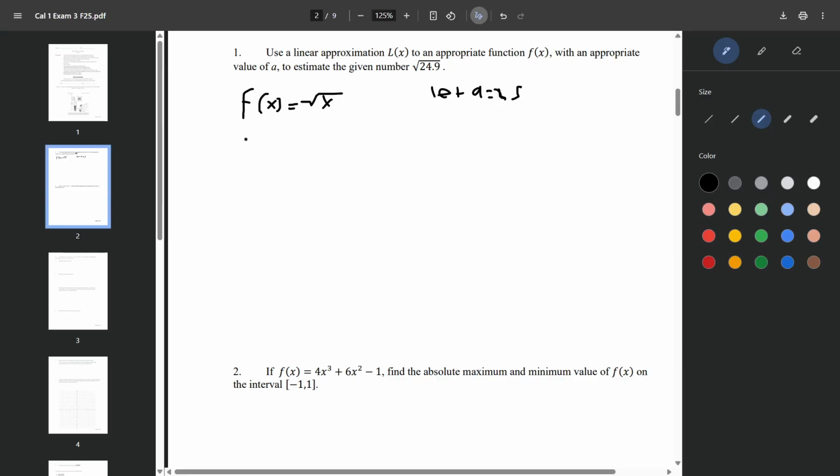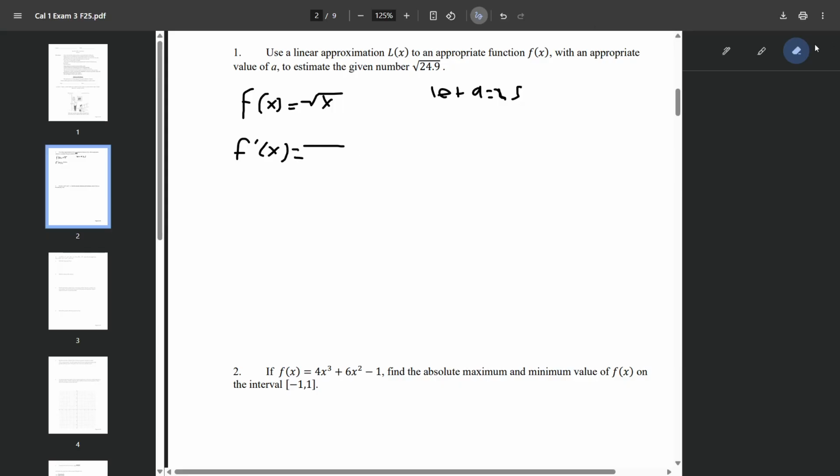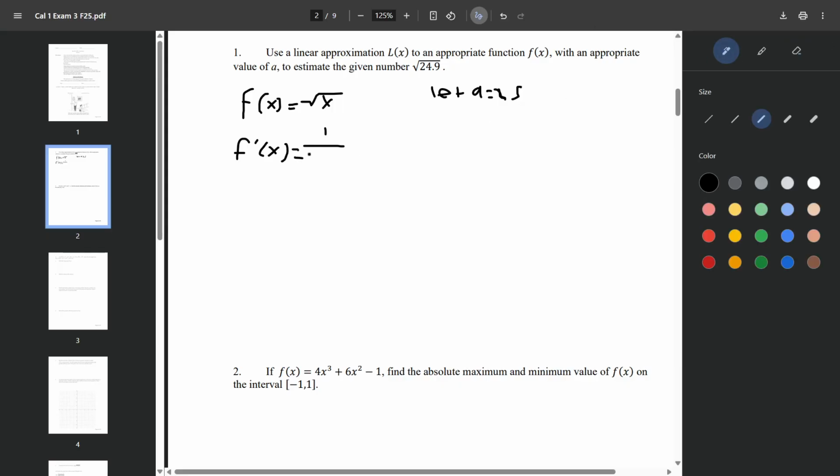And what we also need is f prime of x. So f prime of x in this case is the derivative of root x, which is going to be 1 over 2 root x. And now what we need to do is solve for f of 25 and f prime of 25.